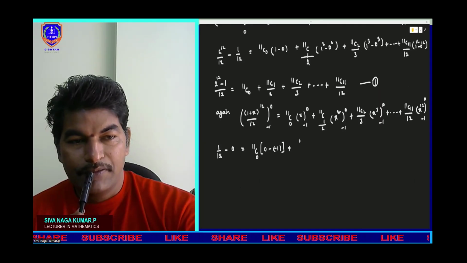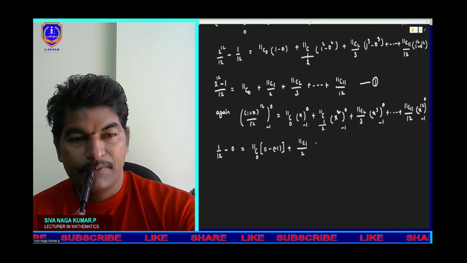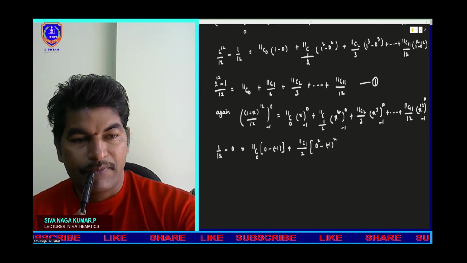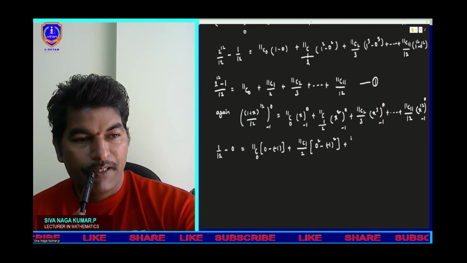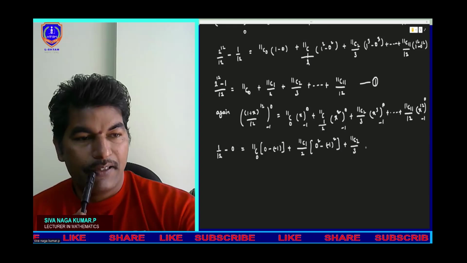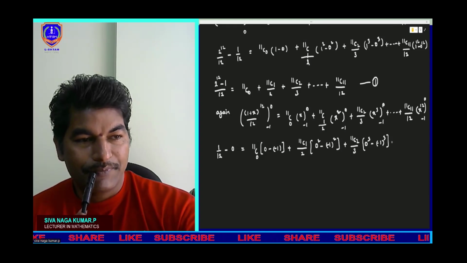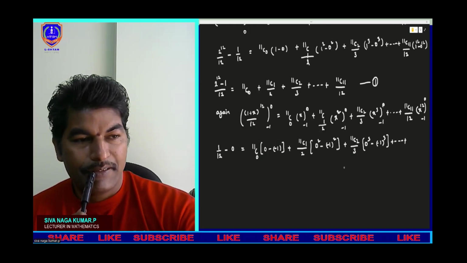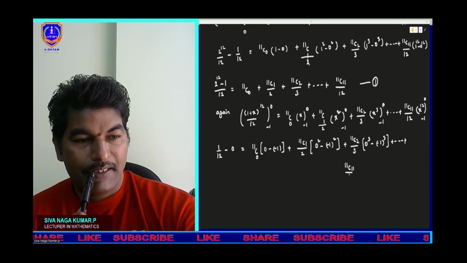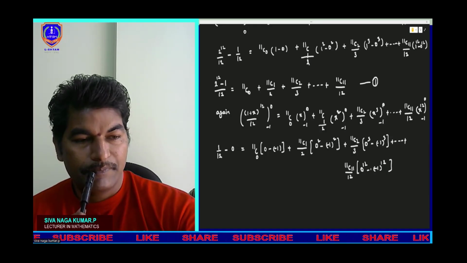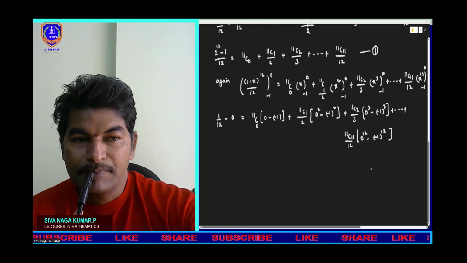Fine, understood. 11C1 by 2, 0 square minus 1 square, plus 11C2 by 3, 0 cube minus 1 cube, and so on, plus 11C11 by 12, 0 power 12 minus 1 power 12.